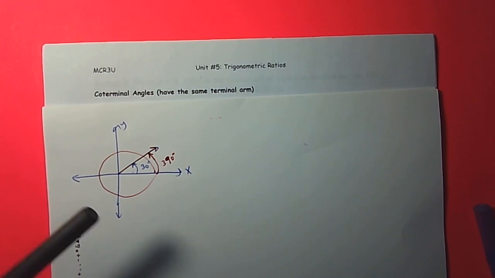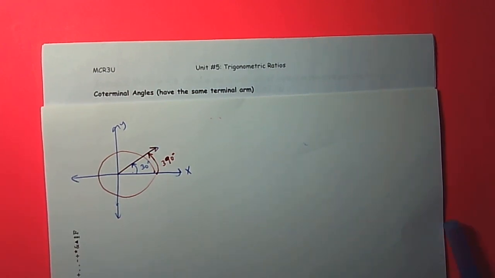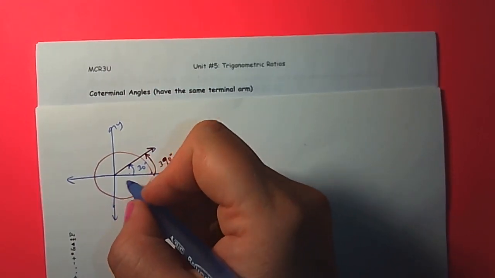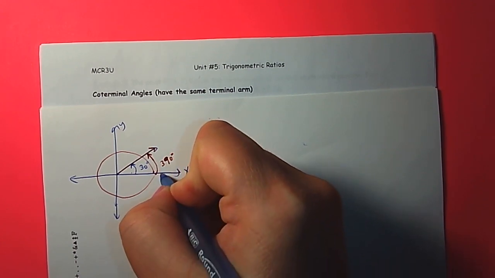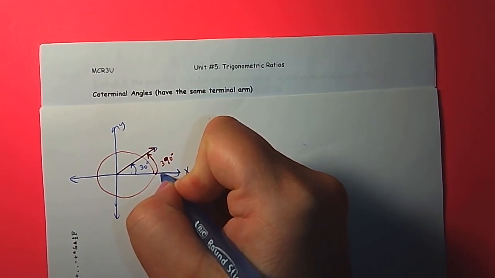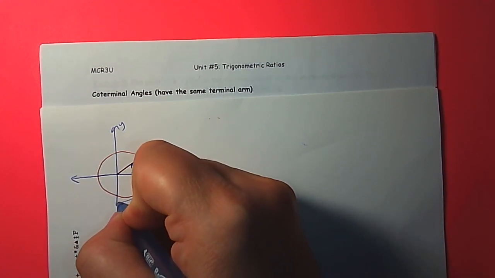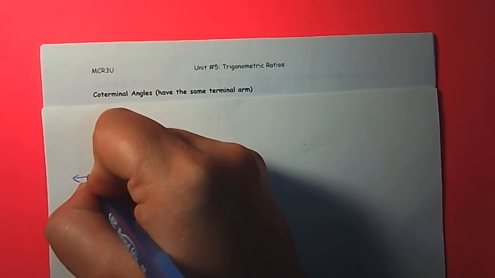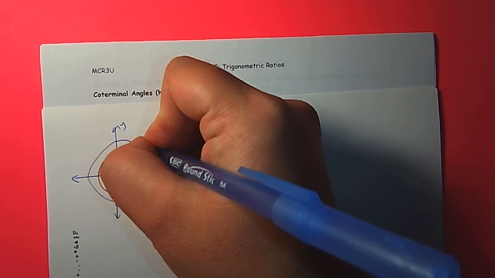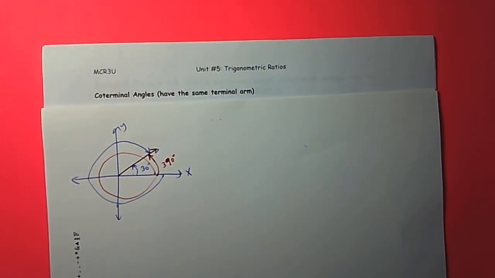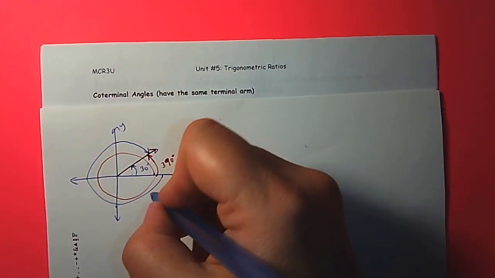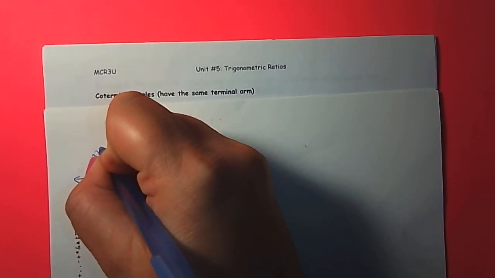How about if we sketch negative 330 degrees? This time we start from the positive x-axis and go clockwise. So this is negative 90, negative 180, negative 270. We also end up with the same terminal arm. So this is negative 330.